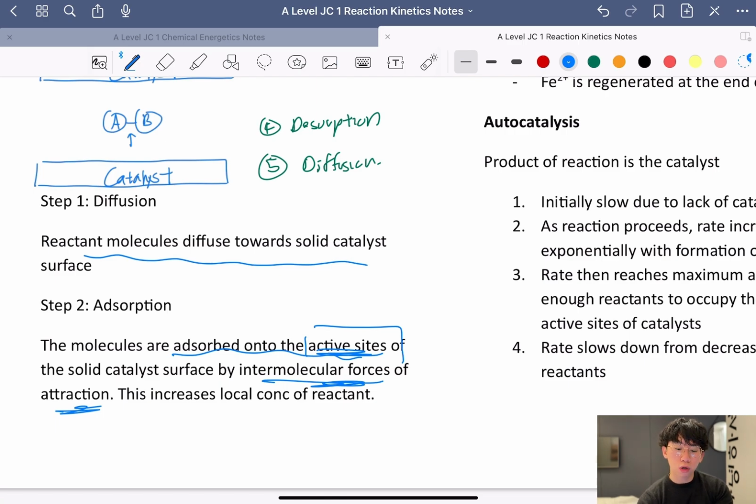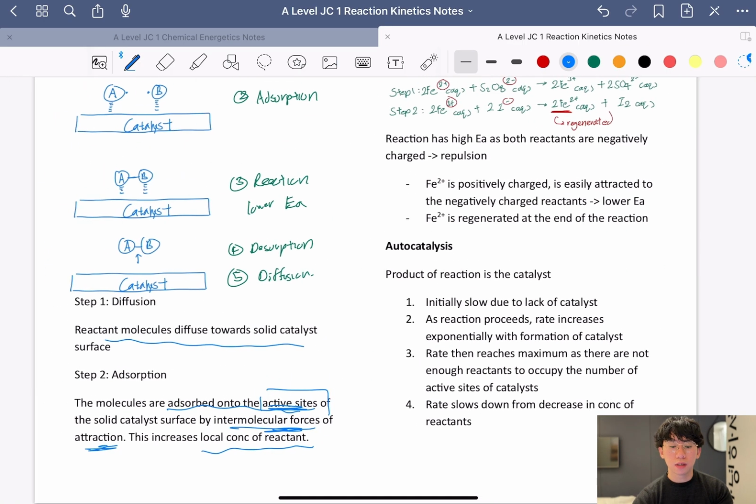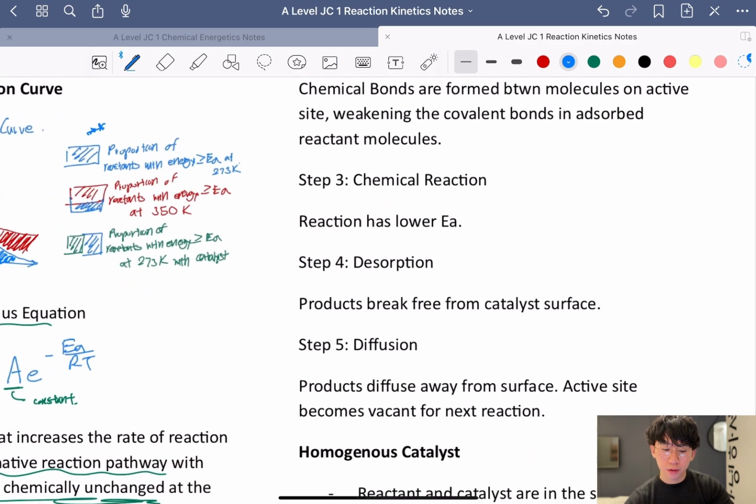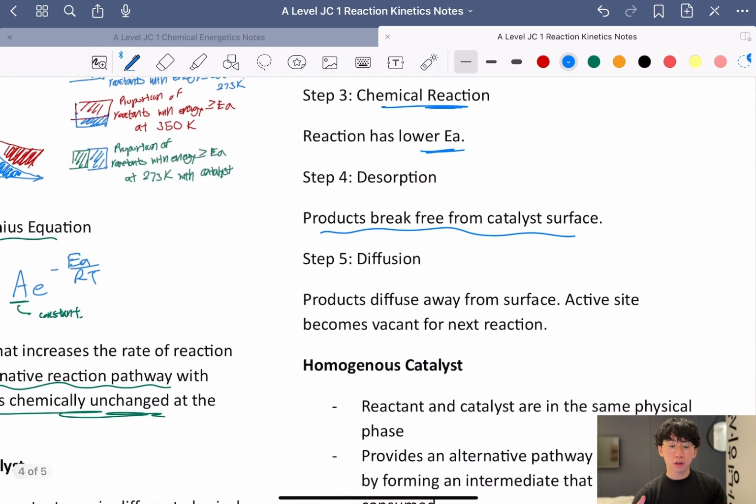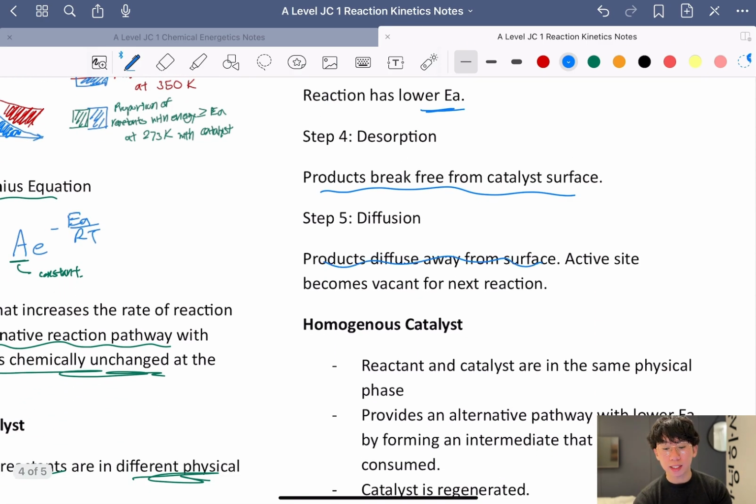So this will increase the local concentration of your reactants. And then step 3, you have a chemical reaction, and the reaction will have a lower activation energy. And then step 4, your products break away from the catalyst surface. And step 5, your products diffuse away from the catalyst surface, and the active site becomes vacant for your next reaction, or for new reactants to come in.